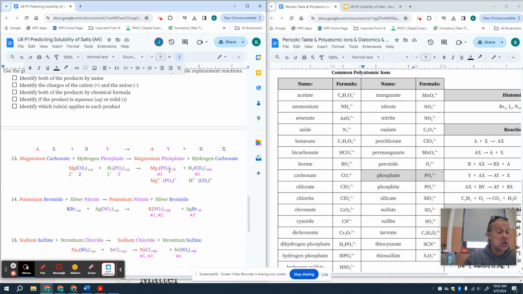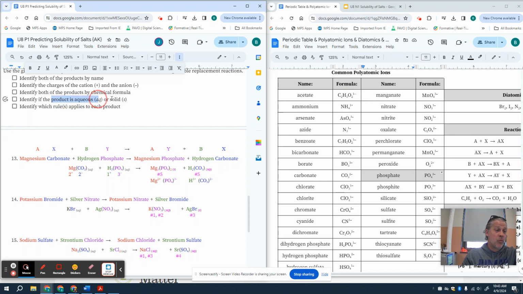They cannot, so it's Mg3(PO4)2. Here, for hydrogen carbonate, the +1 from hydrogen went behind carbonate, and the -2 from carbonate went behind the hydrogen, and we dropped the signs, and that's how we ended up with H2CO3.